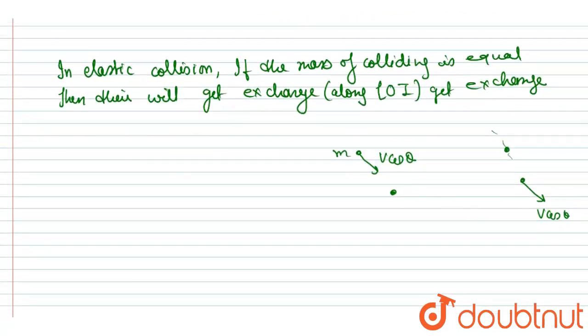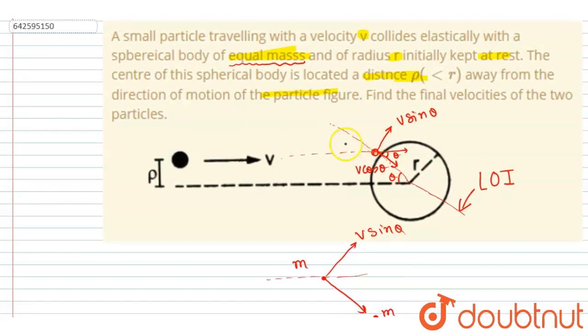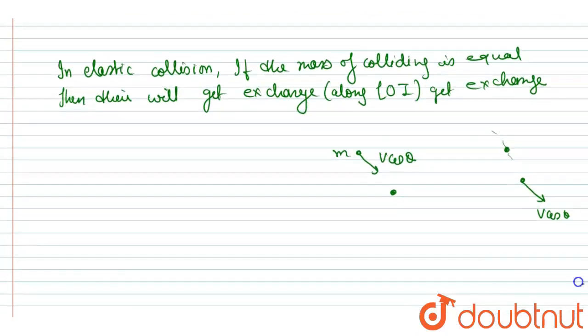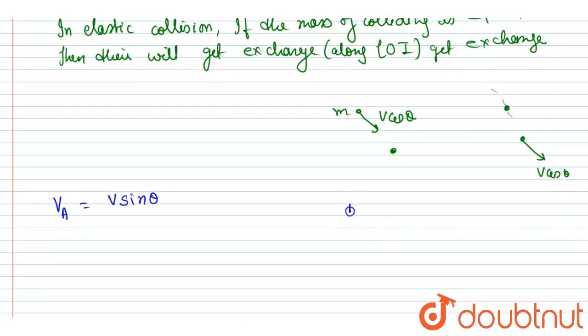So I will write the velocity of the two bodies. Let's suppose I say this particle is A and this body is B, right? So the velocity of A, the particle, is v sin theta, the component perpendicular to the line of impact, which will remain unchanged. And we can also calculate sin theta and cos theta. This distance is given as rho, and this is r.